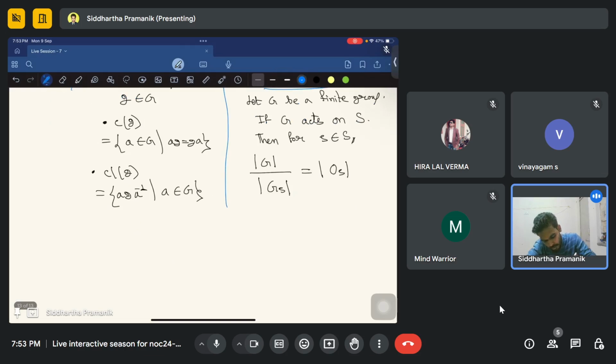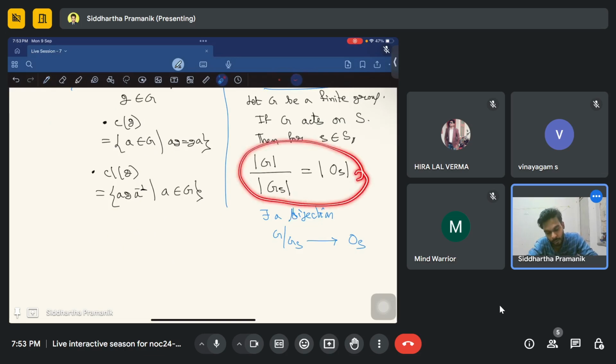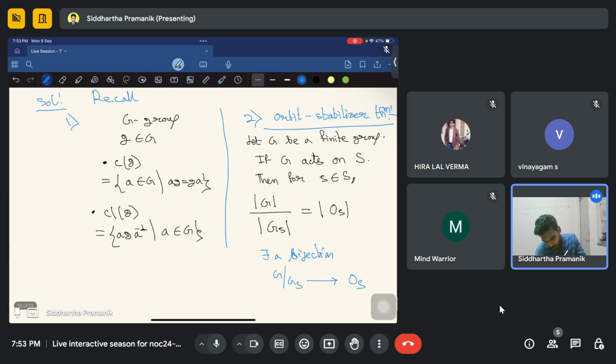This is because there exists a bijection from G mod G_s to the orbit of s. I hope you have seen this in the lectures. So we need this counting formula. Also recall one more thing.